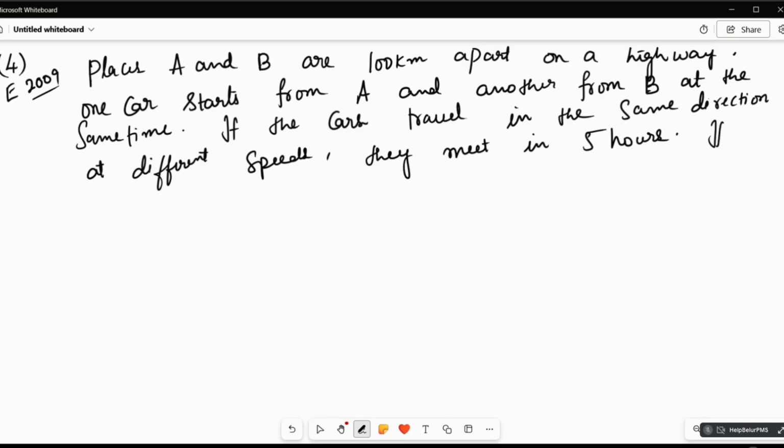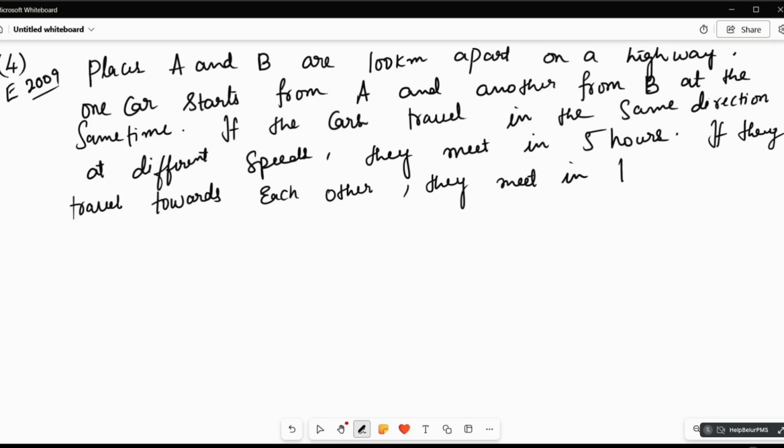If they travel towards each other, they meet in 1 hour. What are the speeds of the two cars?